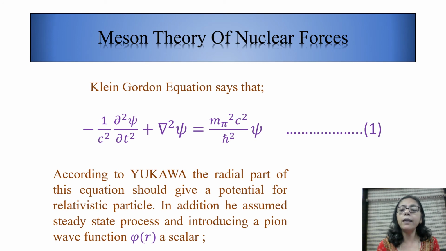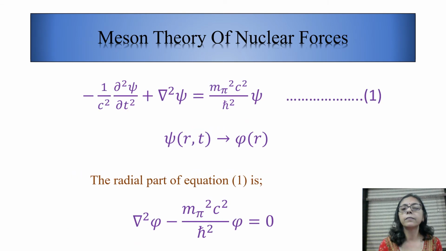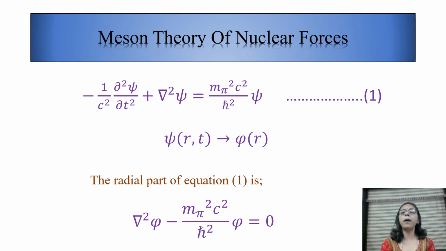But what Yukawa did is that he assumed a steady state process, that means no time dependence, and introduced a pion wave function phi r, a scalar wave function, in a manner that psi of r t should be replaced by phi of r, and you get the radial part of the equation as del square phi minus m pi square c square upon h cross square phi is equal to 0.